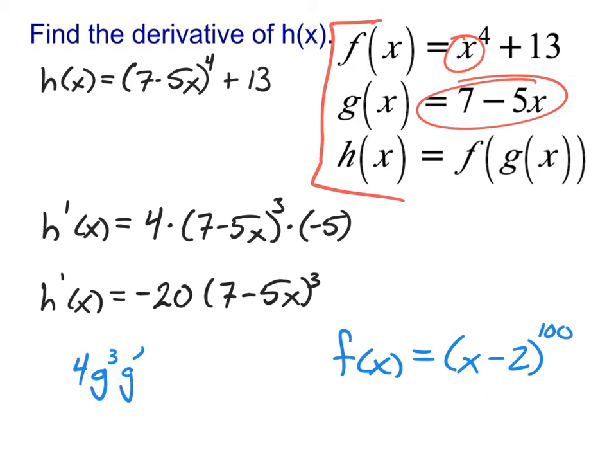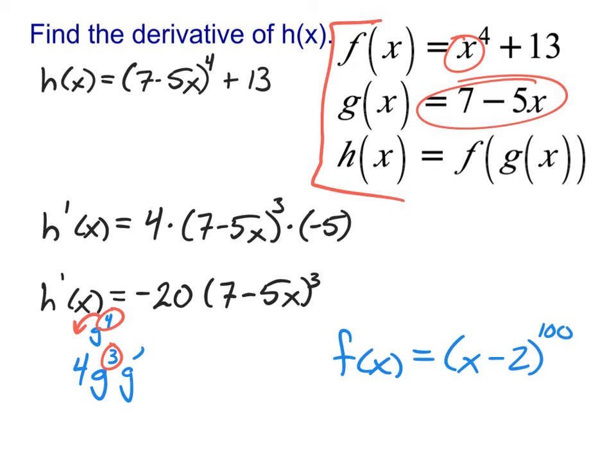Because it started out as just g to the 4th, and so we took the 4 and put it out front, and then we subtracted 1 from it to get my new exponent. It's just that it was not just 4g cubed, it was 4g cubed times g prime. As it turns out, this actually is a general rule that we could follow.